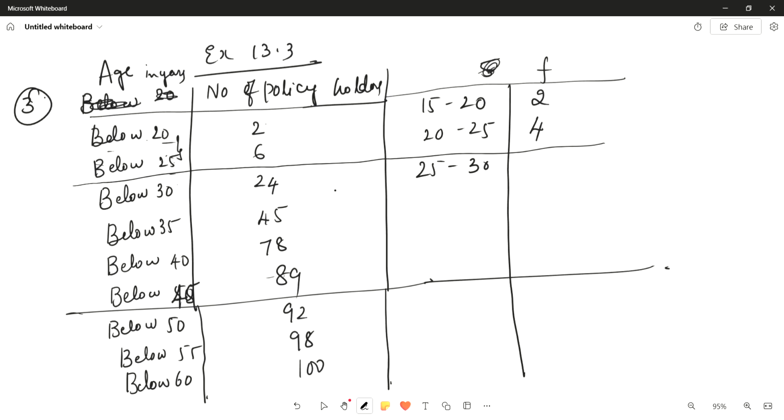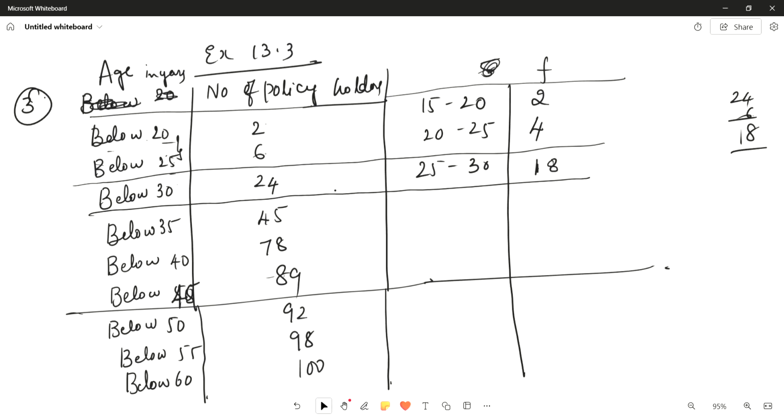Leaving that, 24 minus 6. How much will we get? 18.